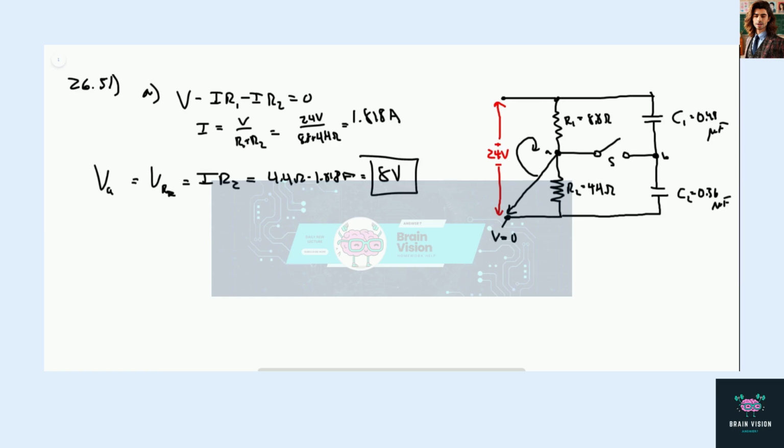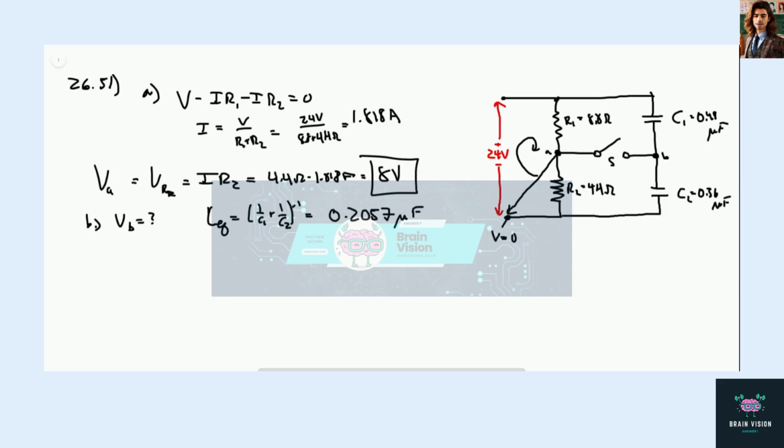Okay, let's move on to part B now. Part B says, what is the potential at point B when the switch is open? First we need to know that when the switch is open, these two capacitors are in series with each other. So CEQ is 1 over C1 plus 1 over C2, inverse. If we plug that in, this becomes 0.2057 microfarads, the equivalent capacitance.